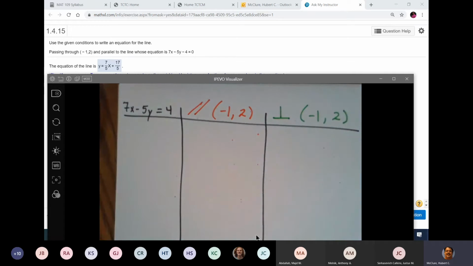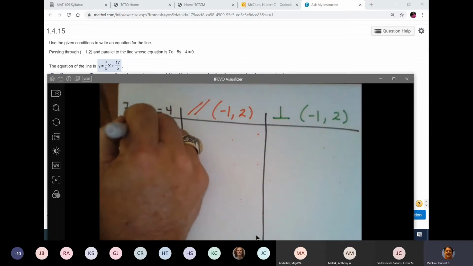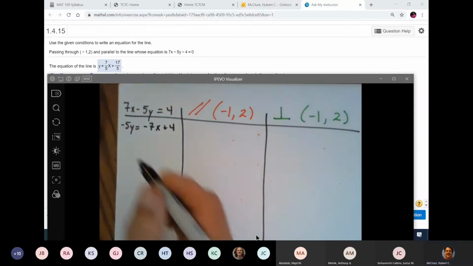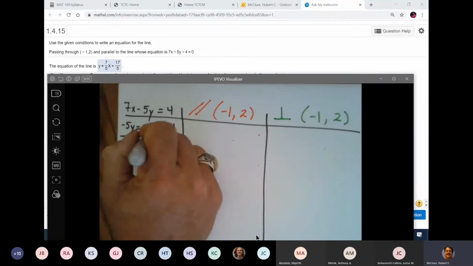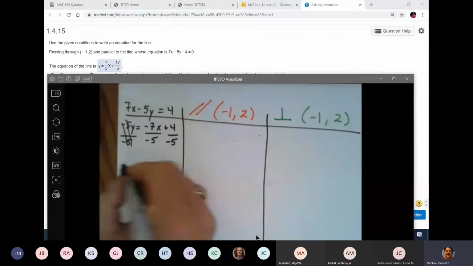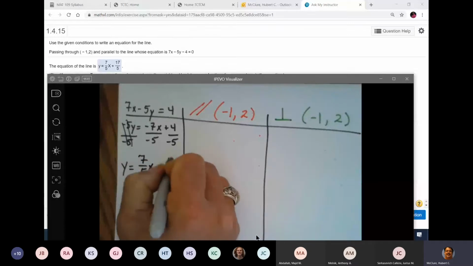All right, so the first thing we do is solve for y. -5y is equal to -7x plus 4. Divide by -5. Y is equal to 7/5 x minus 4/5.